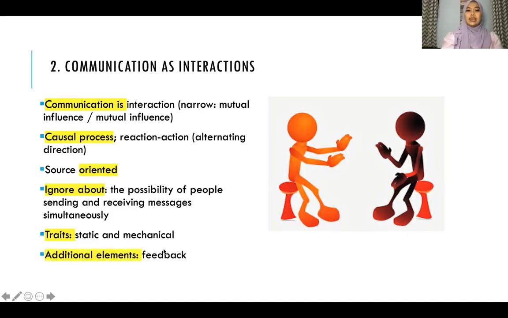And it is different from the first conceptualization of communication, because there is an additional element, that is feedback.